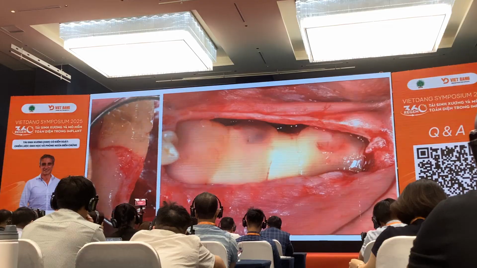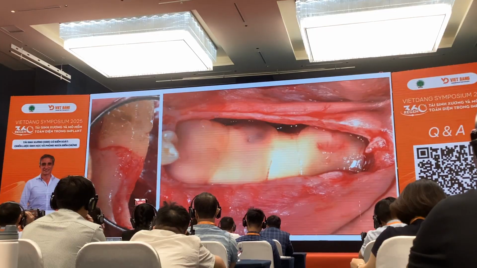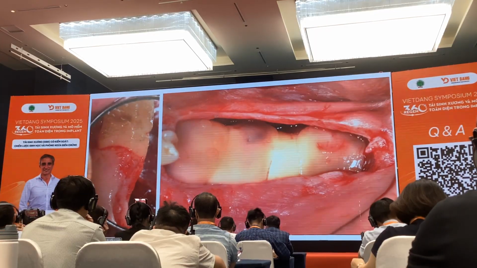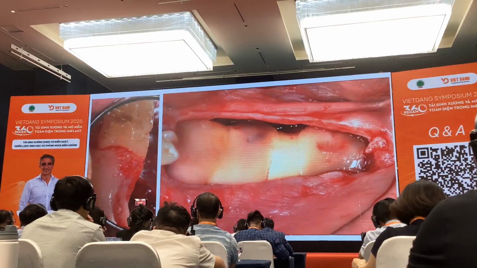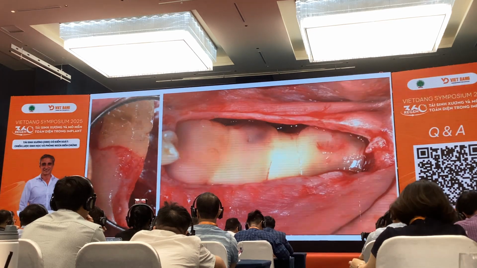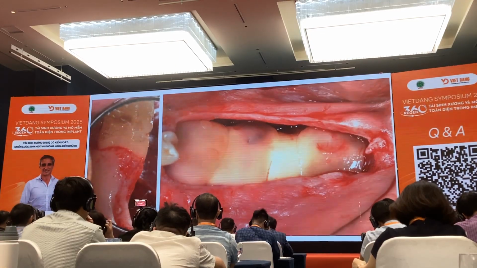I changed my approach to the GBR and my results, because before this concept I had 6.8% of failure in GBR in consequence of the infection. 6.8, with a perfect closure of the flaps, not with the opening of the flaps, not with the early exposure of the flaps.